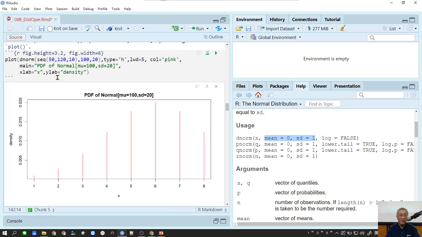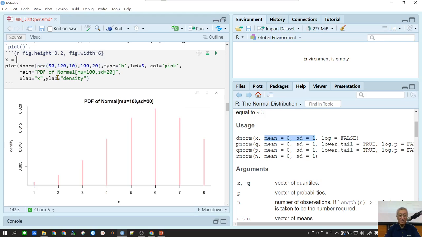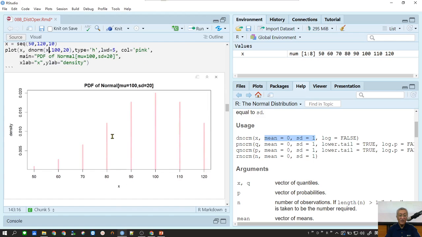So I think the best way is to do it like this, and that would be easy. That would be better, right?